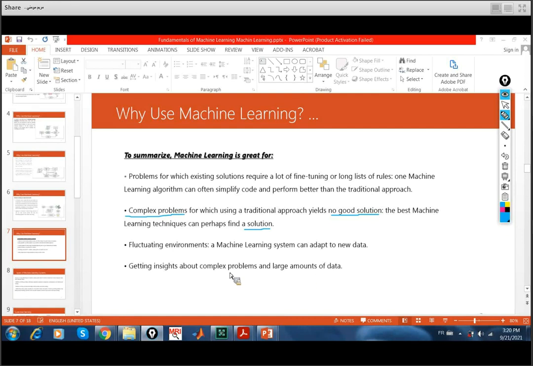If we have a complex problem or a large amount of data, machine learning is the best candidate to analyze them, because it automatically considers all the data without any human errors. Okay.